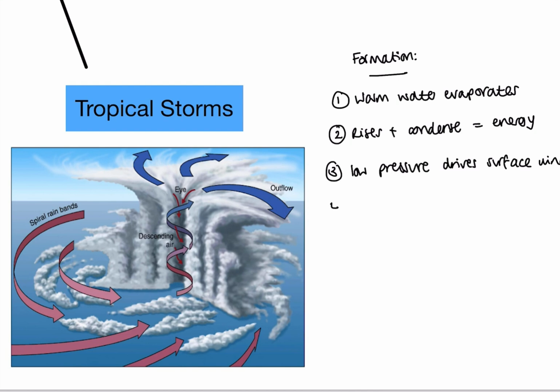Well, next up then, we would say, well, our easterly winds are going to start to cause that rotation. So let's put easterly winds equals movement. So that would cause our tropical storm, in this case, to move west.